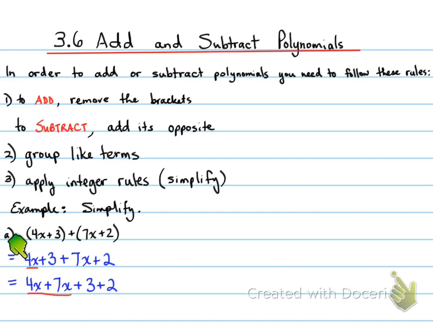For example, show me that 4x plus 7x. Use colors or lines to define which ones are like. I'm using the red color to define that 4x plus 7x gives us 11x. And I'm using the black color to define that plus 3 and plus 2 are like terms. So we get an answer of 11x plus 5.